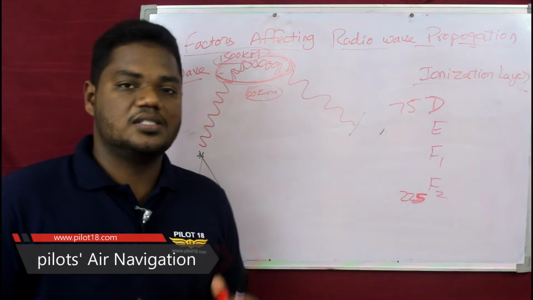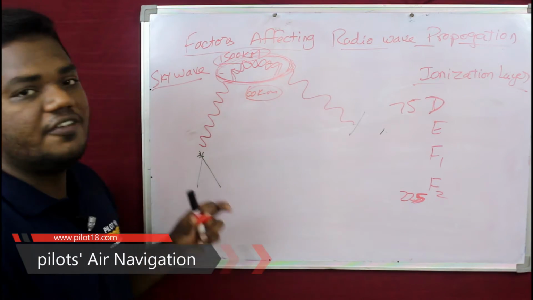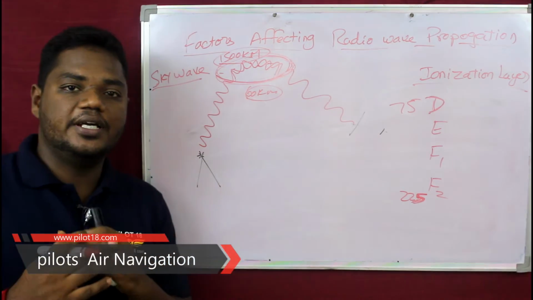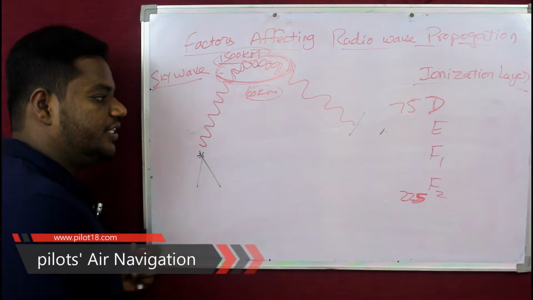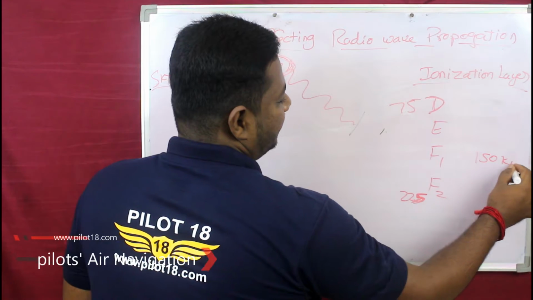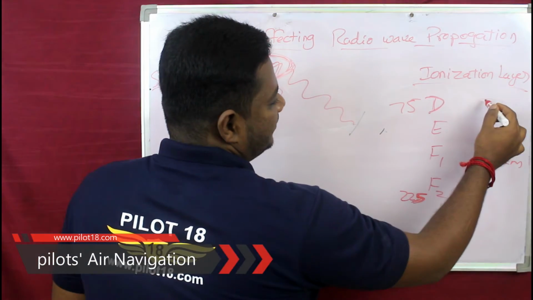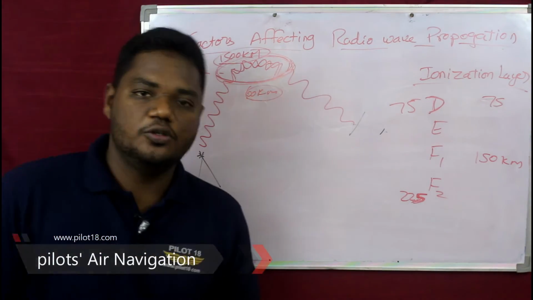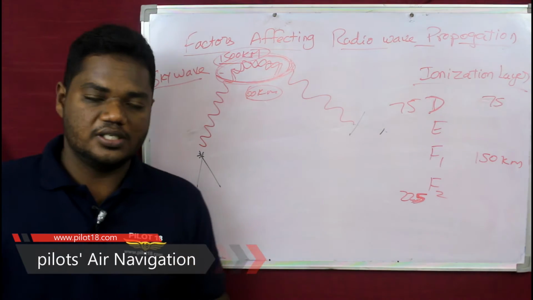During summer we receive more solar radiation, so the layer extends higher, up to 225 kilometers. In winter it is approximately up to 150 kilometers, and even 75 to 150 kilometers. The D layer forms only during the day. At night there is no D layer, because there is no solar radiation.